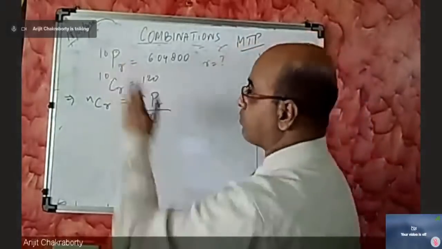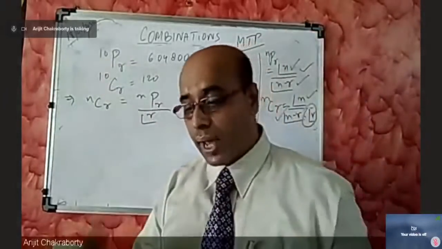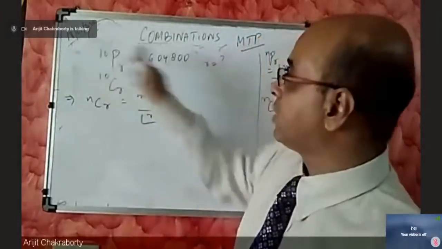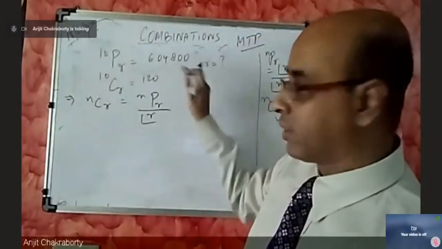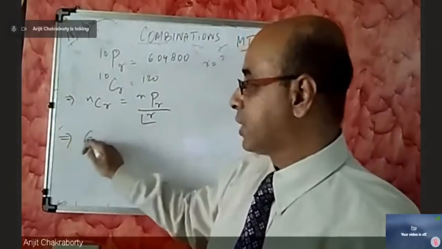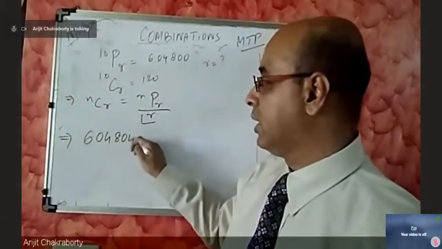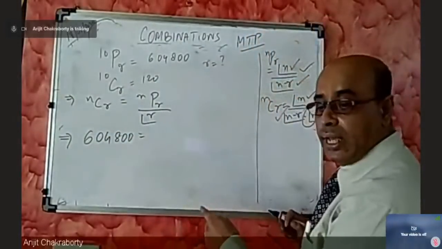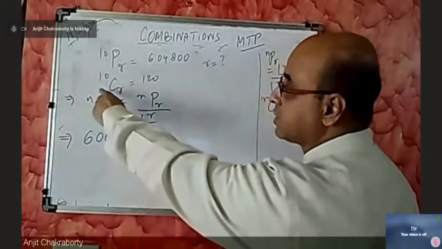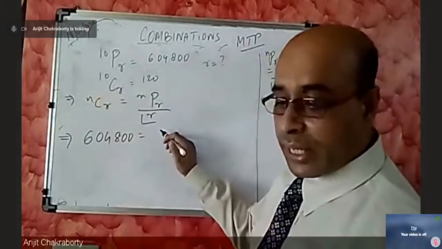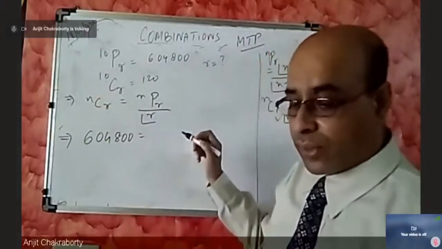So in this example, we will write 10Pr. The value is given, 604800. So I directly write 604800, and 10Cr is 120.